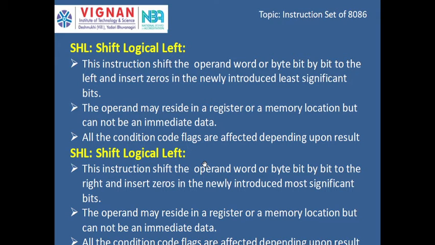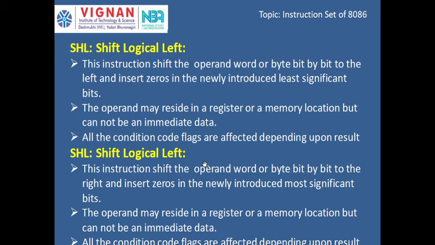ROR, rotate right without carry. This instruction rotates the contents of the destination operand to the right either by 1 or by the count specified in the CL. I will discuss. For example, ROR AL, 1. So rotate right without carry the content of AL one time. If it is 2, that is 2 times, or if it is specified by CL, that is depending upon the content of CL.